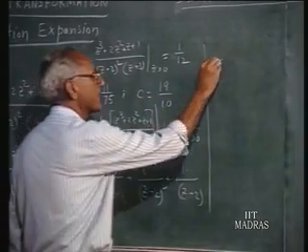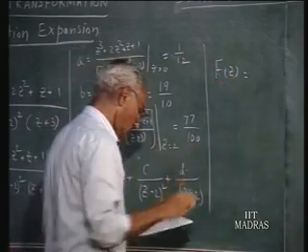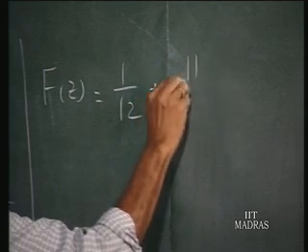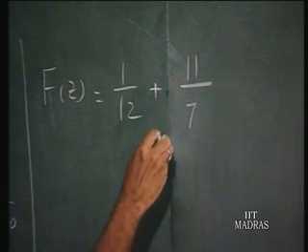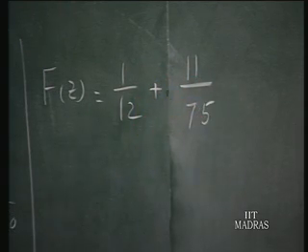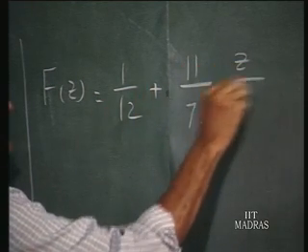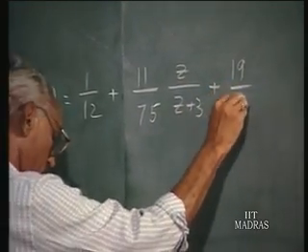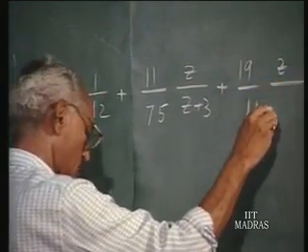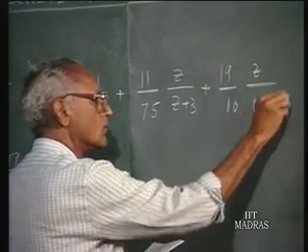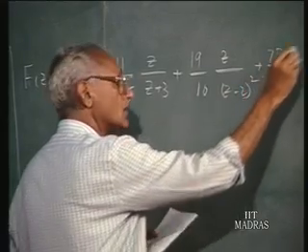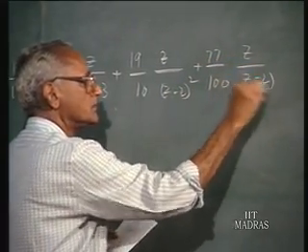So F of z can be written as 1/12 plus 11 by 75 times z upon (z plus 3), plus 19 upon 10 times z over (z minus 2) whole squared, plus 77 upon 100 times z upon (z minus 2).